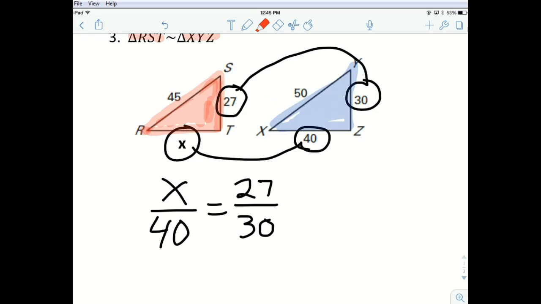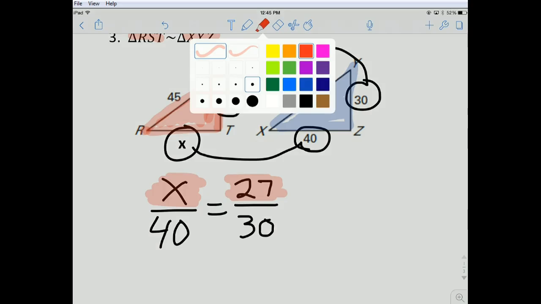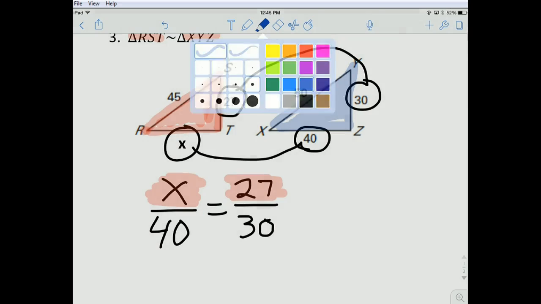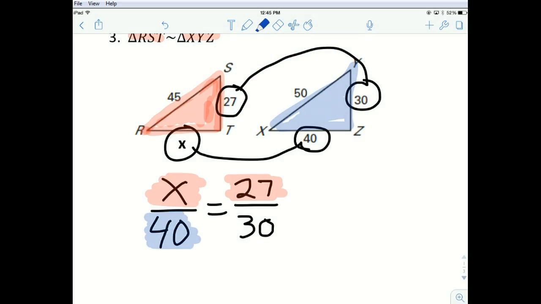So here I've got the X and the 27 on top, and then the blue stays with blue. And so I got the 40 and the 30. So the X and the 27 are in the numerator, those came from the red. The 40 and the 30 are from the blue, those are in the denominator. You have to keep them organized that way. If you flip them around, they're no longer equal.